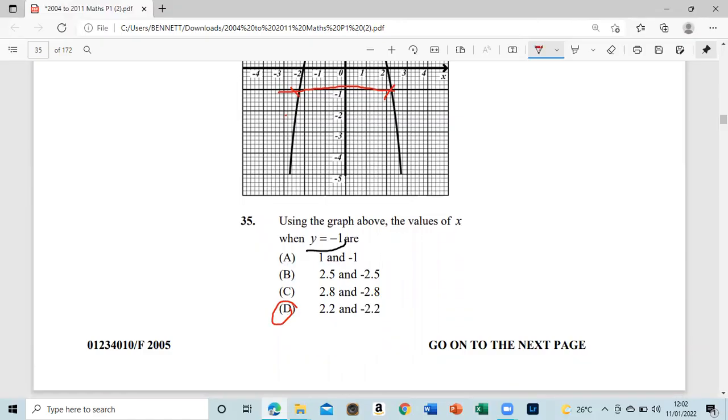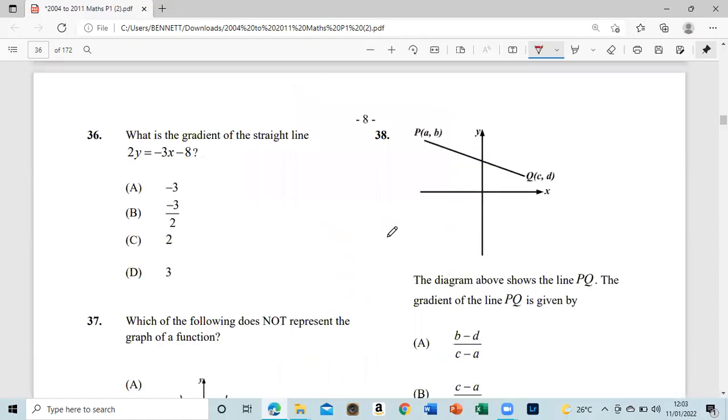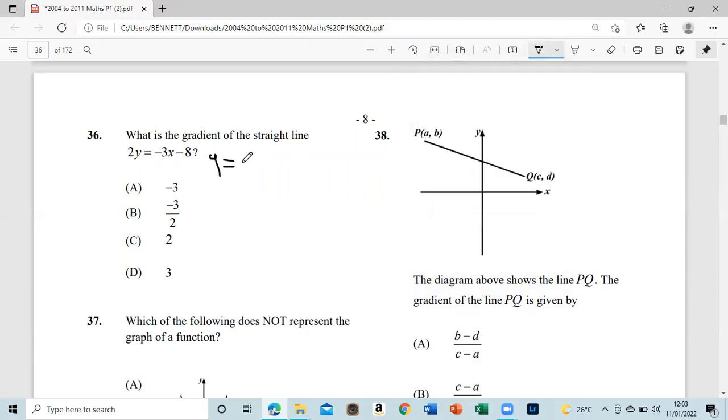Let's move on to 36. Almost there, guys. What is the gradient of the line 2y equals -3x minus 8? Remember, gradient is the slope of the line, and every straight line graph must be in the form y equals mx plus c. So let us do that.